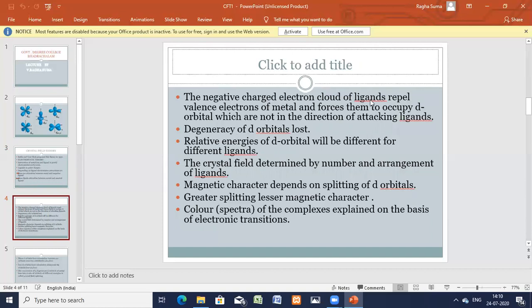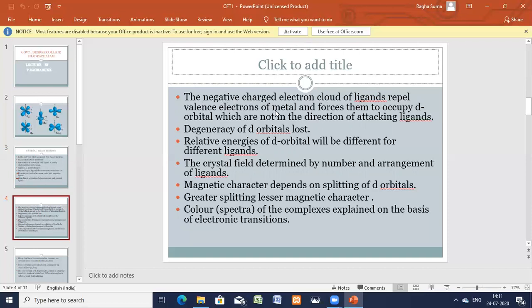Similarly, another ligand is coming to give its pair of electrons to the central metal with empty d orbitals. The ligand's electrons are negatively charged, so the negatively charged electron cloud of the ligand repels the valence electrons of the metal.